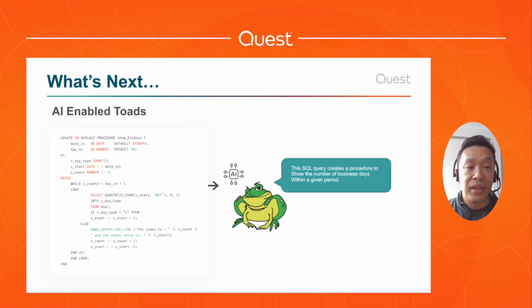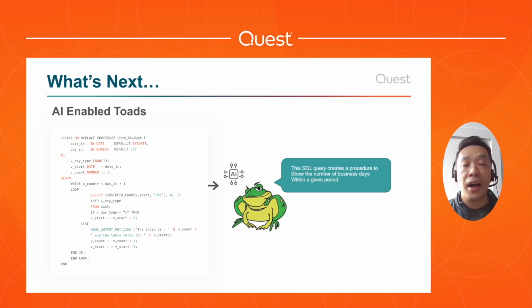So let's say you're a developer or you inherited a bunch of code and it's massive and you don't want to sit there and read through and try to figure it out. Well, you can just feed it into Toad and say, hey, Toad, what does this code do? And it'll explain in a quick summary, like, oh, this code will take data from this table, do some math on it, and then put it into that table. So having an AI help you in your day-to-day is super cool. Again, this is optional. You opt in for it if you want to participate in it.